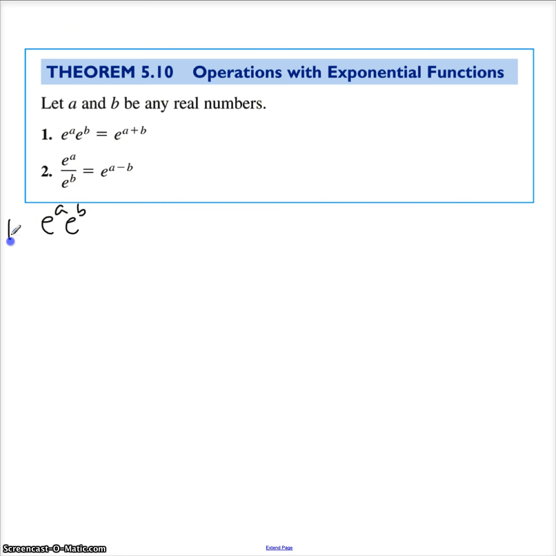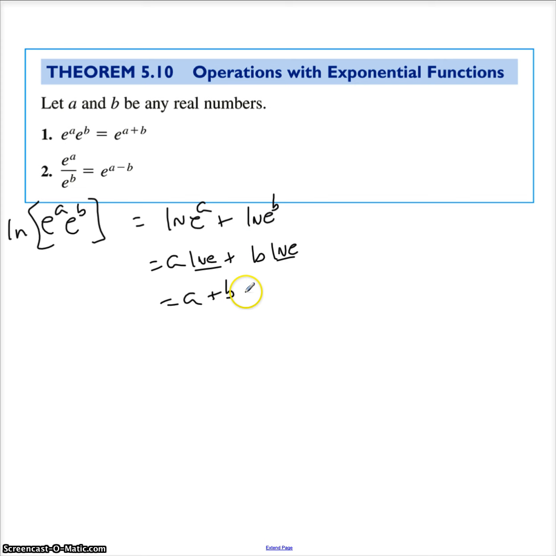Let me find the log of this. I can write this as the natural log of e to the a plus the natural log of e to the b, using the principles we've used before. So this is a times the natural log of e plus b times the natural log of e, and those are 1 right there. So this is a plus b.